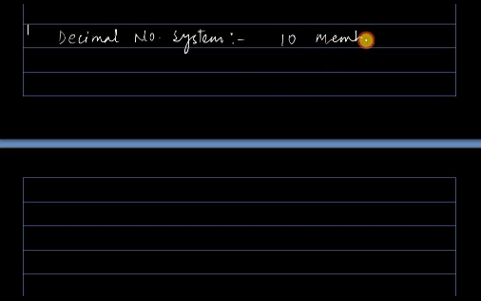The number system which is actually used by human beings is called the decimal number system. The highlight of this number system is that it has 10 members, starting from 0 to 9. That's why the base of this number system is 10.